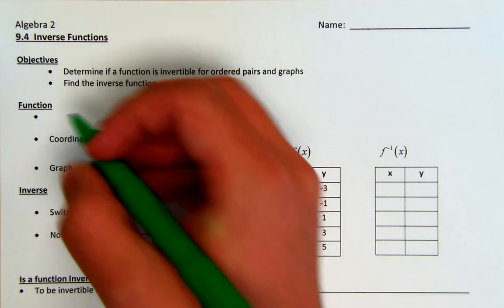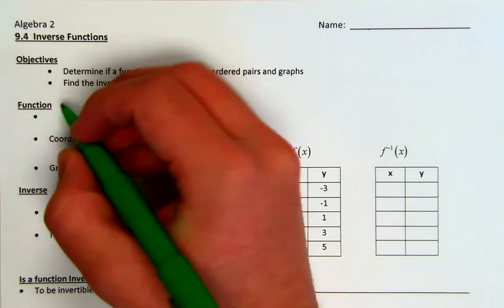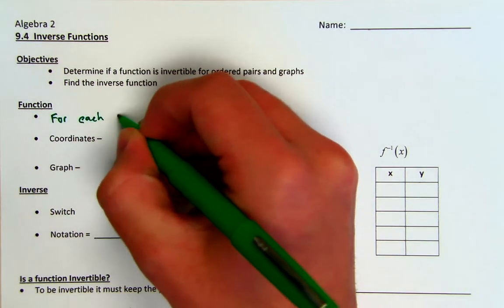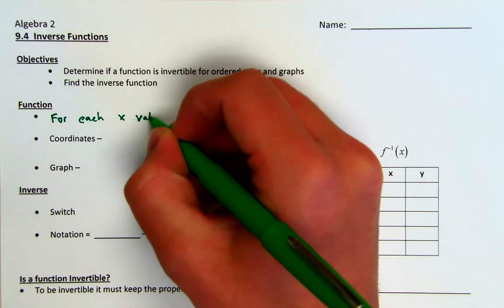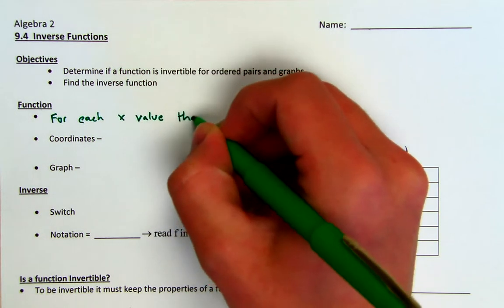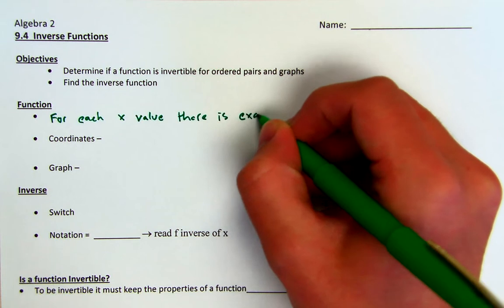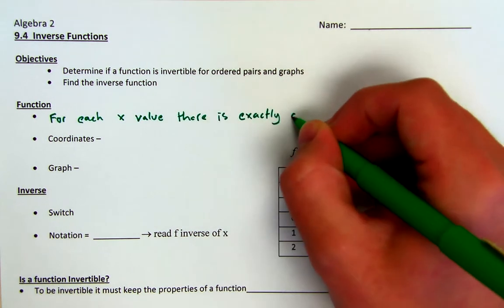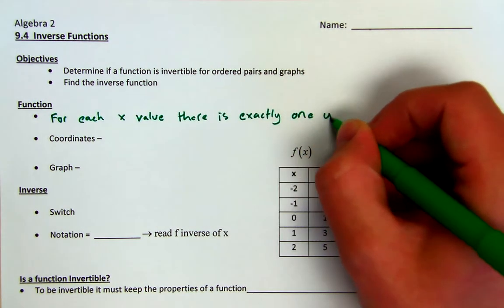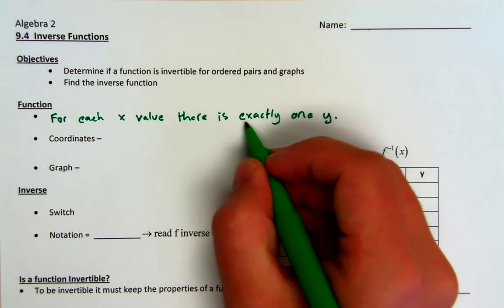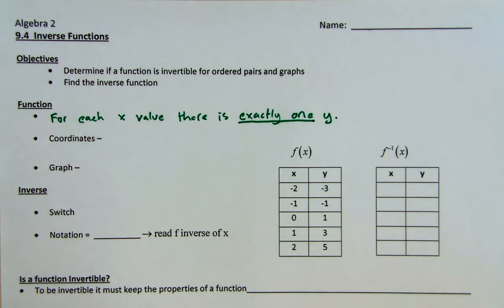A function is defined as something that has, for each x value, exactly one y. So for every x value we have, there's exactly one y.